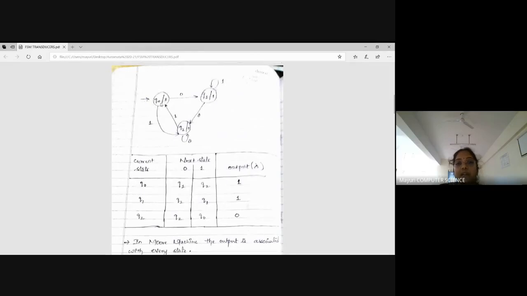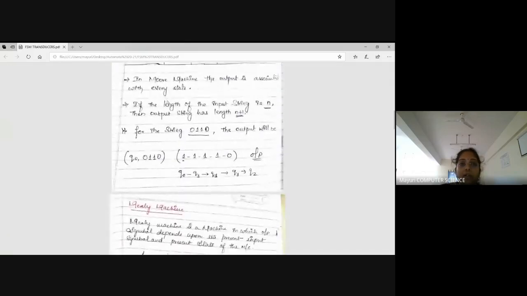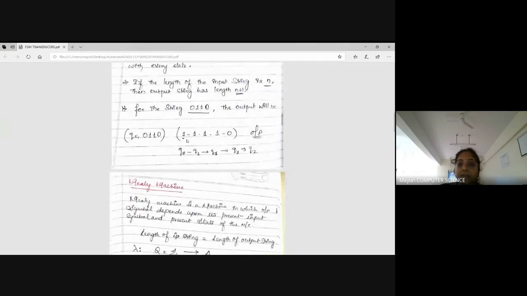So my travel is starting from Q naught. I don't directly go to Q1 by consuming 0. Let me consider the output first, of the state I belong to. I belong to state Q naught, its output is 1. So I will write that first. Then on 0, from Q naught, I'm going to Q1.